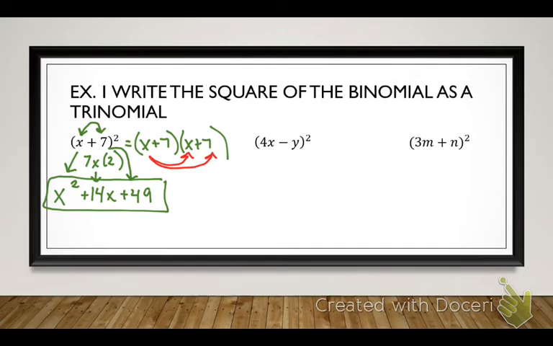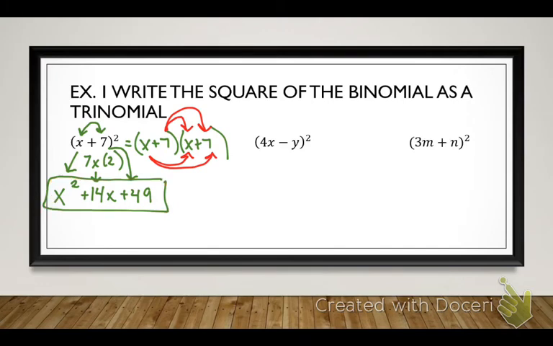What's x times 7? 7x. And then my inside terms, what's x times 7? What's 7x plus 7x? There's my 14x. And what happens when I multiply my last terms together? What's 7 times 7? 49. So if you had done FOIL, you would have ended up with the exact same answer.